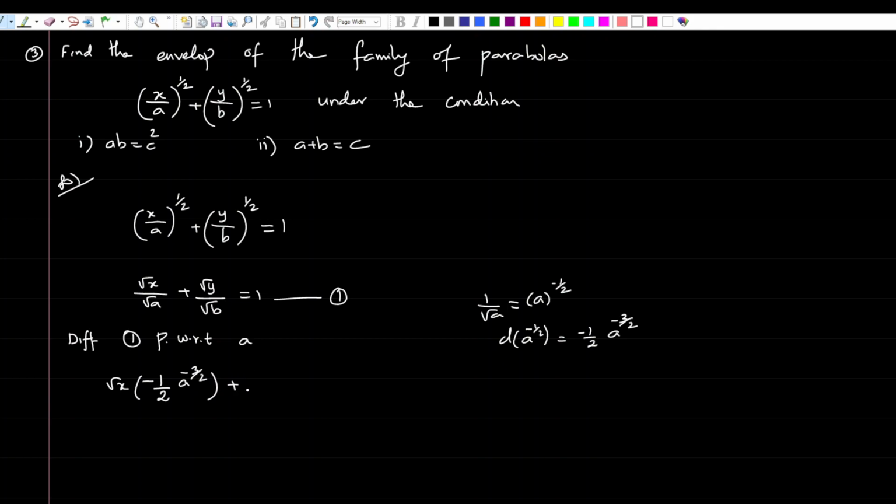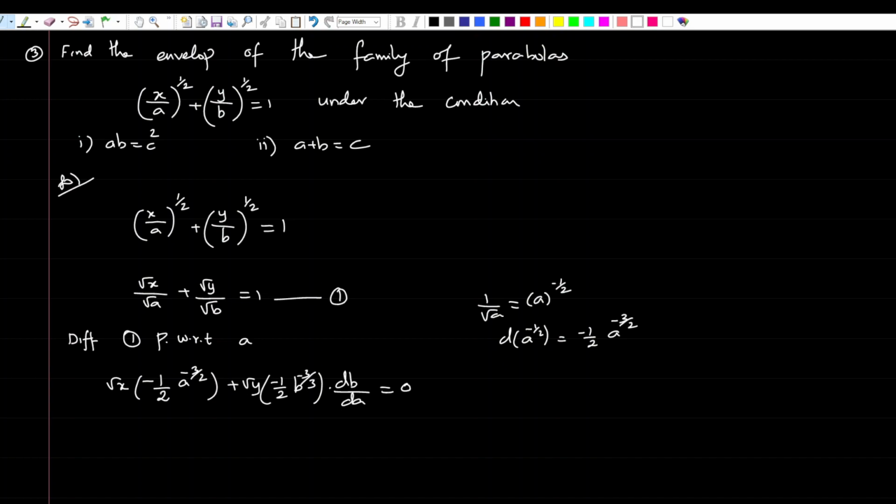plus, okay, root y. Since a and b are independent variables, the partial differentiation with respect to a of root b is minus 1 by 2 b power minus 3 by 2 into db by da, which is equal to the differentiation of constant is 0.